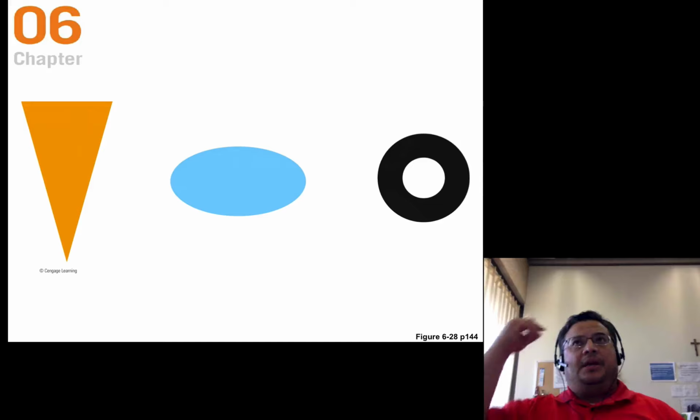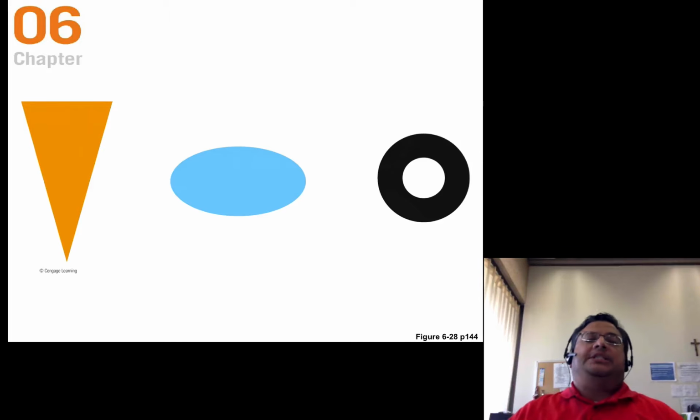We are using the semantic concept of a carrot, of a lake, and of a donut to organize these features into coherent objects. Since they're already organized into coherent objects, there's no need for us to break down the defining features. We just look at this and say, oh, that's a carrot, and that's a lake, and this is a donut.